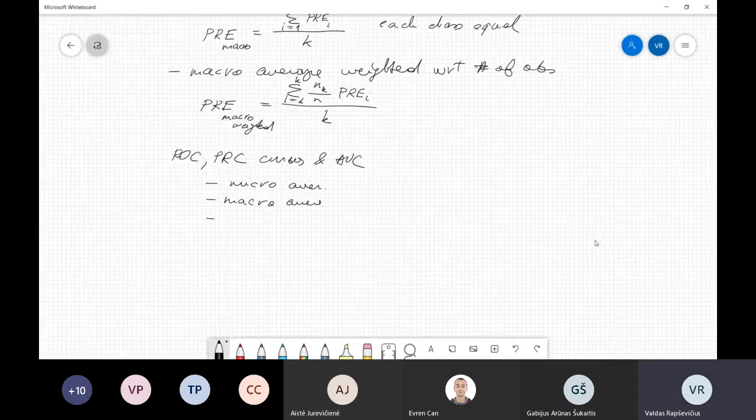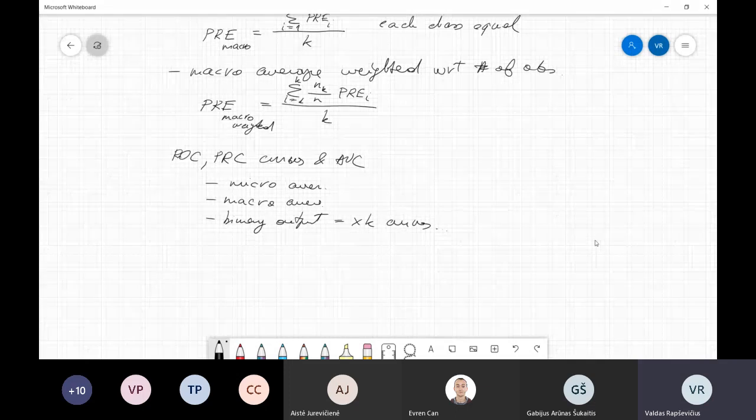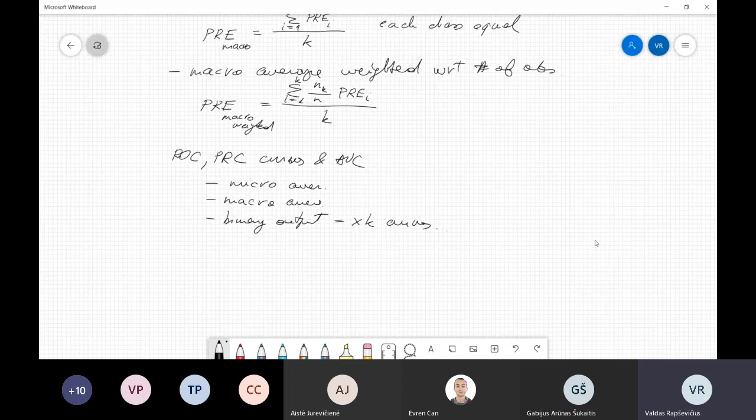This will give you a single curve for the whole classifier. Or you can use a binary output, which would give you k curves, so you can create a curve for each class and look into them separately. This is sometimes done, and it is the one versus all approach.